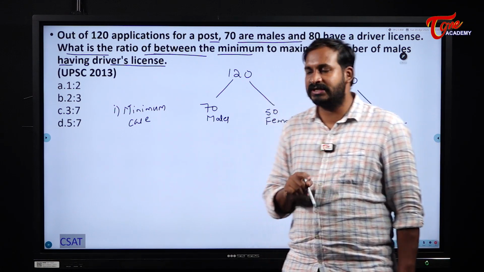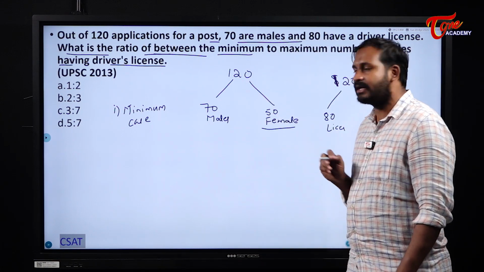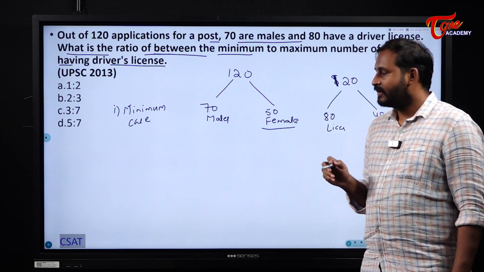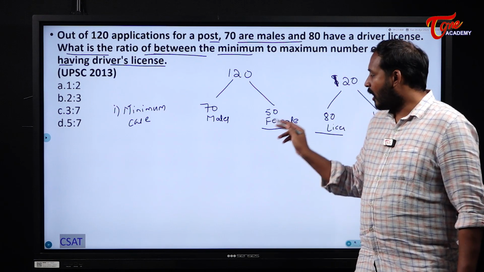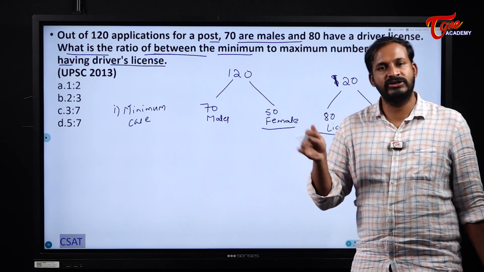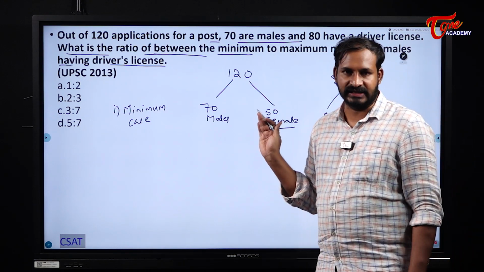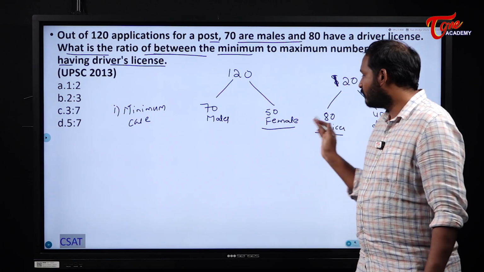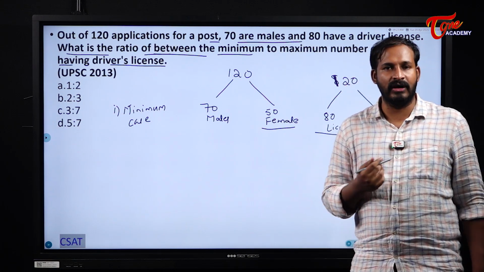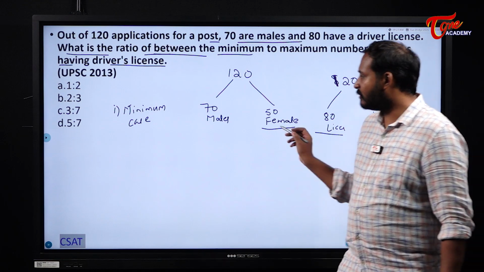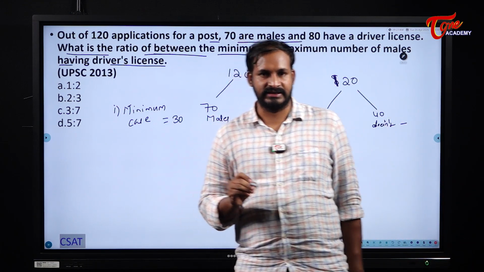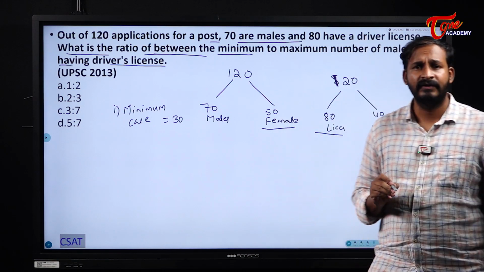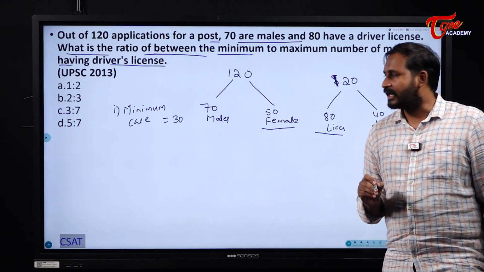If all the females have driver license, total how many females are there for us here? 50, right? So total how many people have license for us here? 80. Out of 80, 50 are female only. Then how many more people do we require to have the driver license? 30 more. So minimum 30 males should have the driver license.